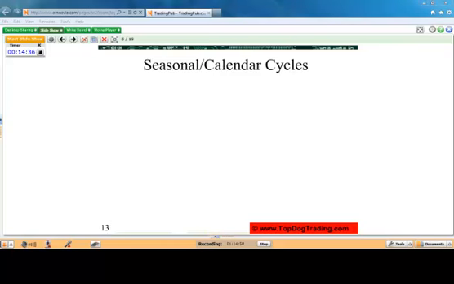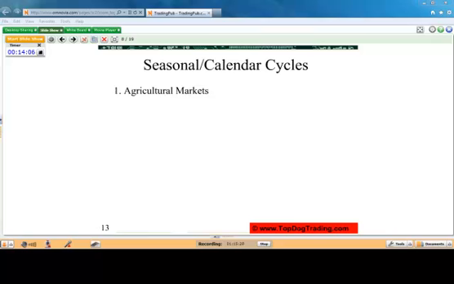Okay, let's go through them one by one. First one, a very common and well-known cycle: seasonal or calendar cycles. I'm not going to spend too much time on this one because it's talked about a lot, but we have people from all different backgrounds and levels here today, so we'll address it. The most natural or easy to understand of the calendar or seasonal cycles is probably the agricultural markets.